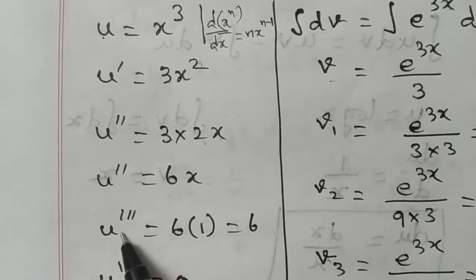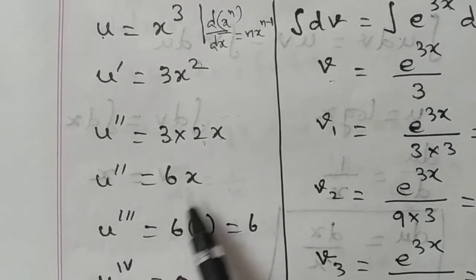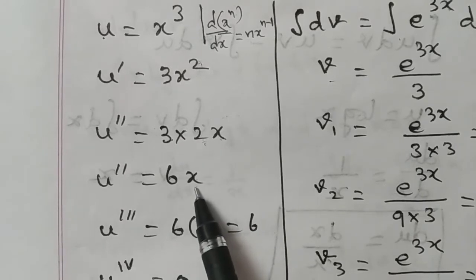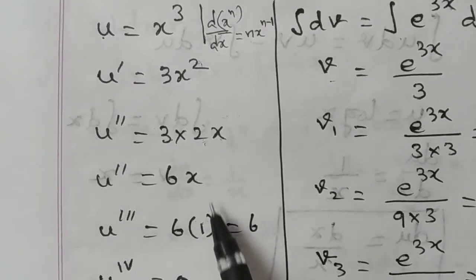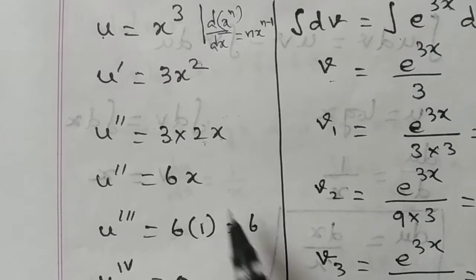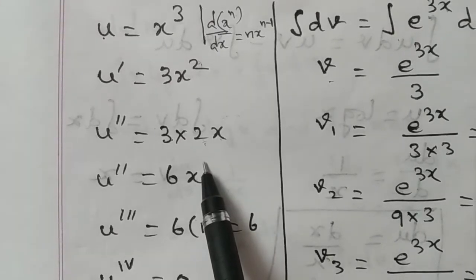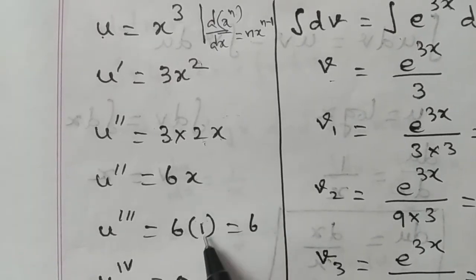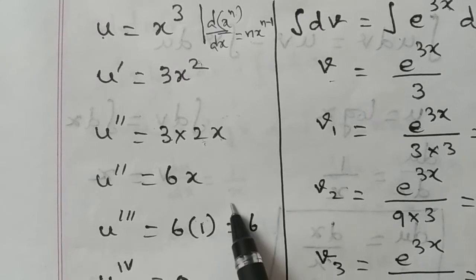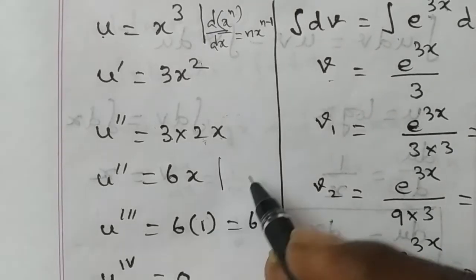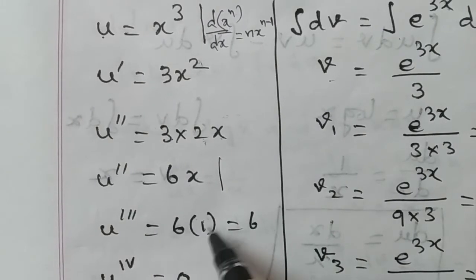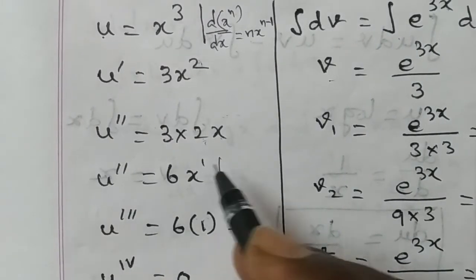Next, find the value of u triple dash. The derivative of x is 1. What is the power here? 1. So 1 into x to the power 1 minus 1, and 1 minus 1 is 0. So 1 into x power 0. What is x power 0? It is 1.